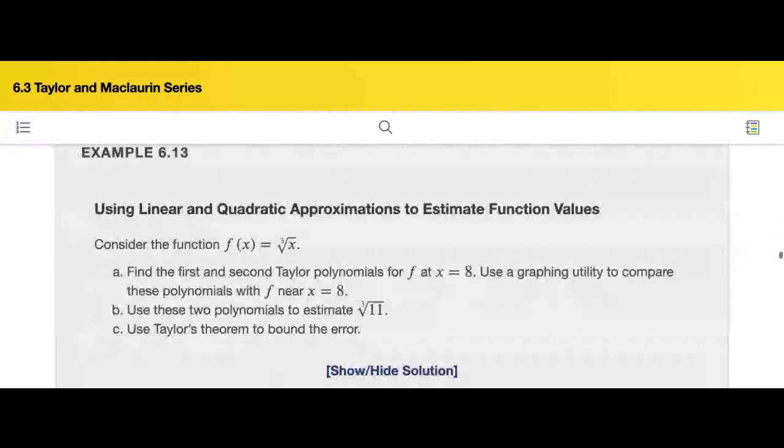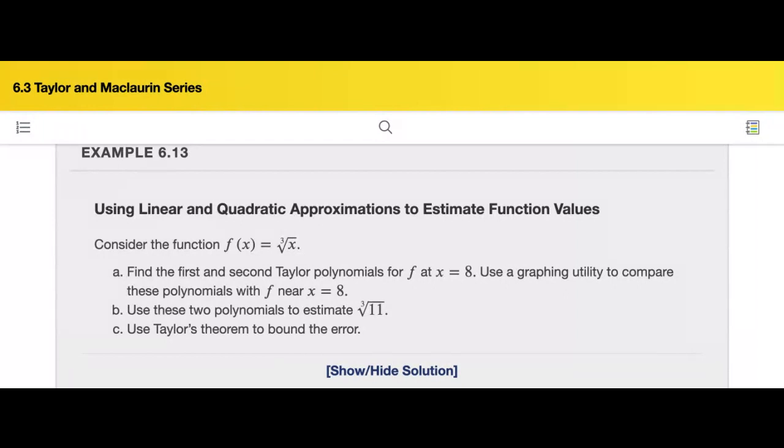All right, using linear and quadratic approximations to estimate function values. So this is important for us. Let's consider the function cubic root of x. Think about the cubic root of 8. The cubic root of 8 is a beautiful value, 2. Cubic root of 27 is 3.